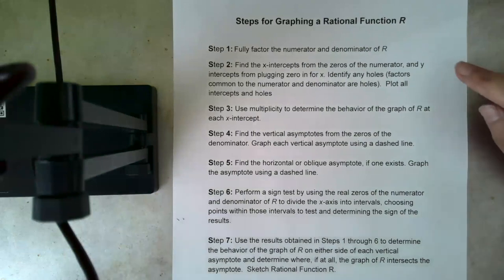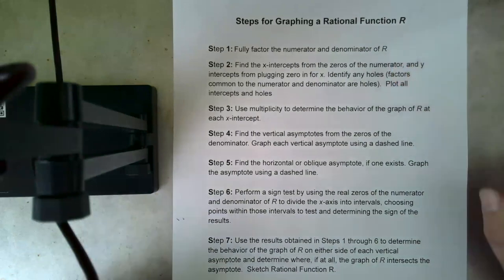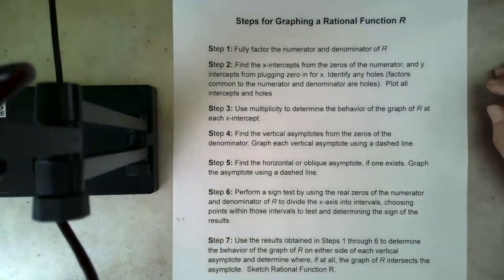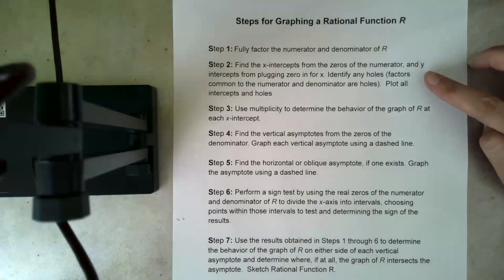So today we're going to focus on step one, which is to fully factor the numerator and denominator of your function r. But while we're here on this page, let's take a quick overview of where we're going next. After we factor, we're going to find the x-intercepts and the y-intercepts and identify holes.